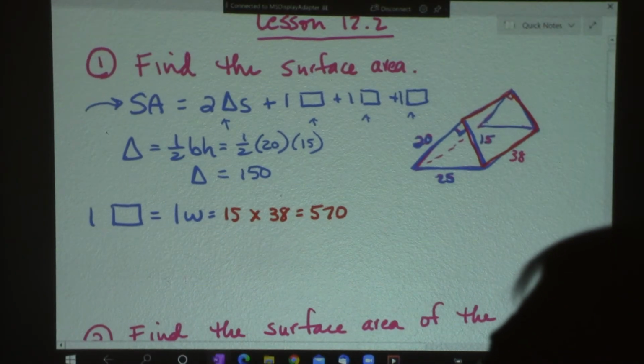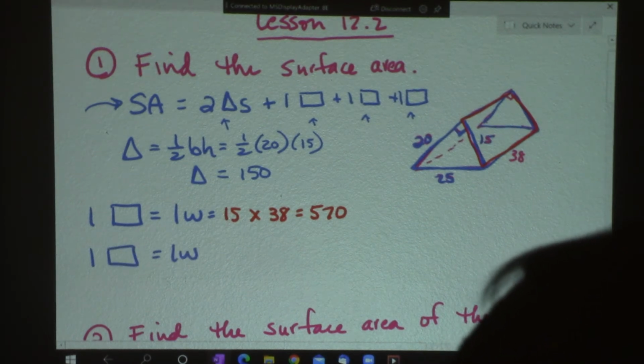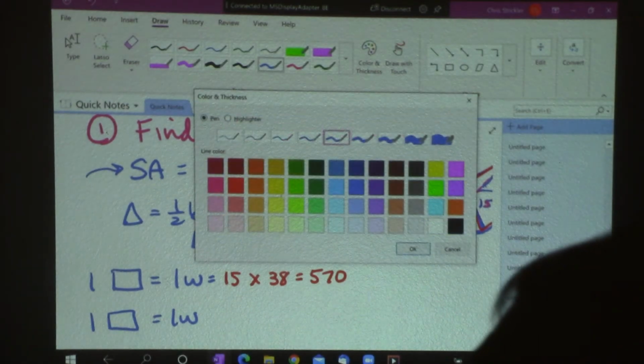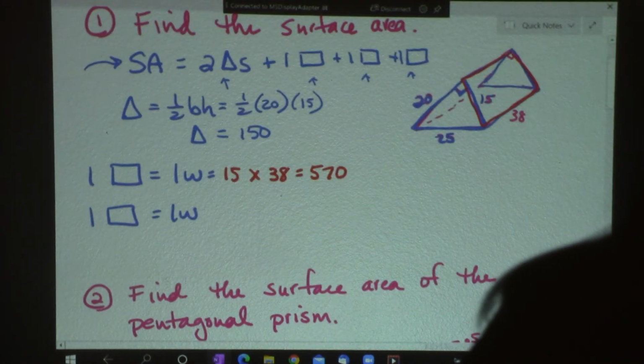My second rectangle is also length times width. I'm going to change colors again to highlight it. And let's do the back one. So the back one now would be this length here and the one down there underneath, okay?